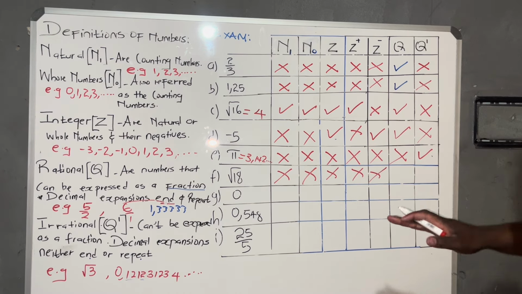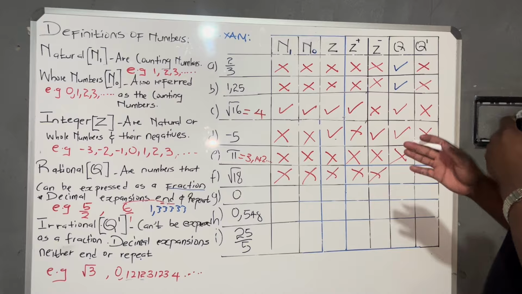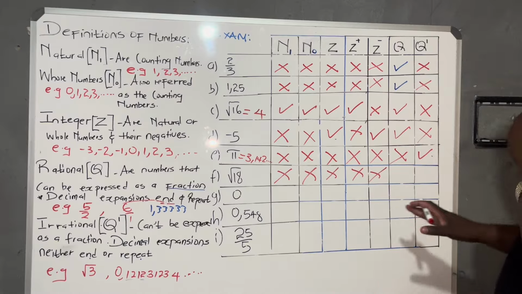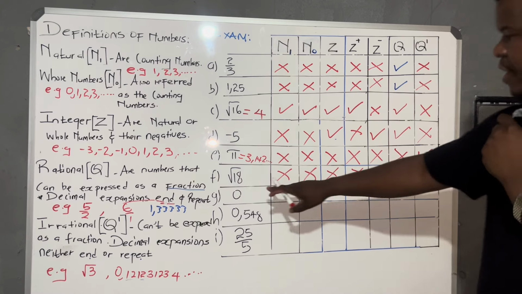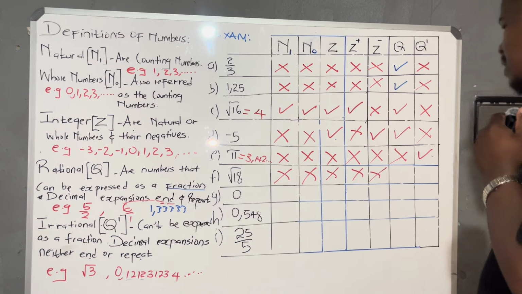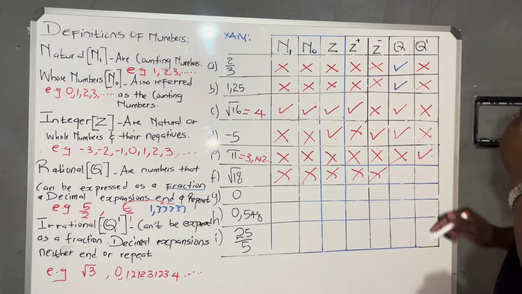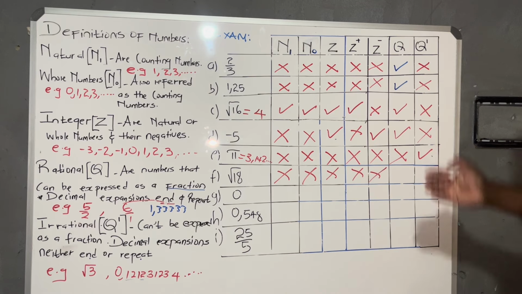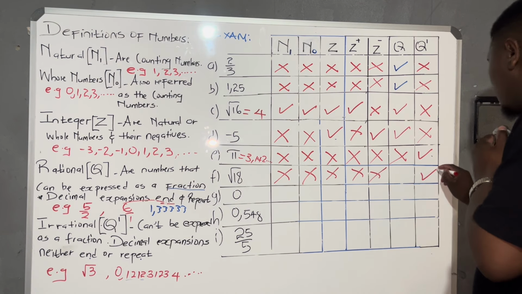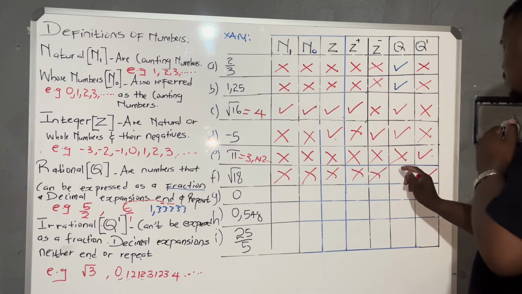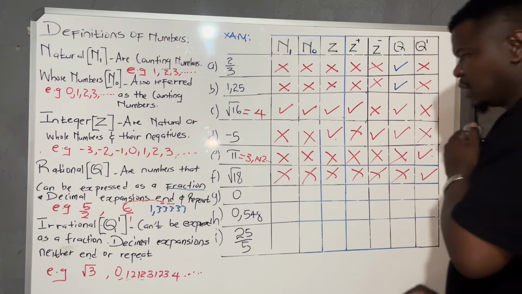It's a number that has a lot of digits after the comma, but none of them repeat. So if you press the square root of 18, the number that you get doesn't end, it proceeds, and yet it does not repeat. So that is a good example of irrational, so it cannot be rational.